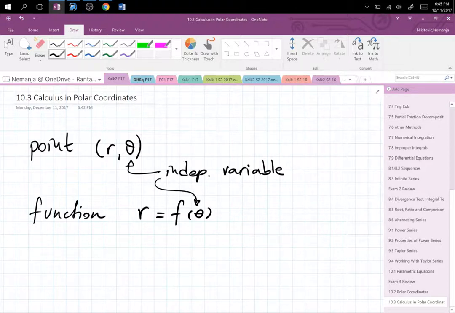So theta is the input and r is the output. I know you're used to x comma y, where x was the input and y was the output, but just deal with it. What's important to realize here is that theta is the input.